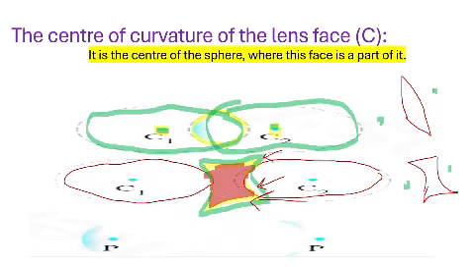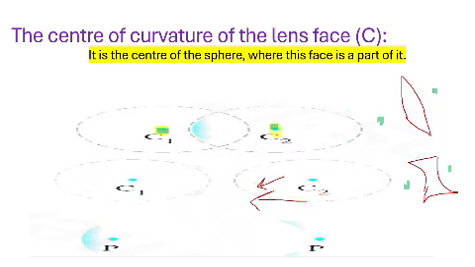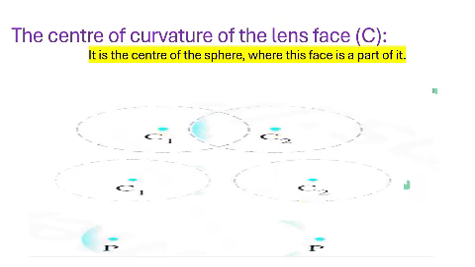And the center of curvature is the first concept we study in our lesson today. The center of curvature is the center of the sphere of which the face is a part.